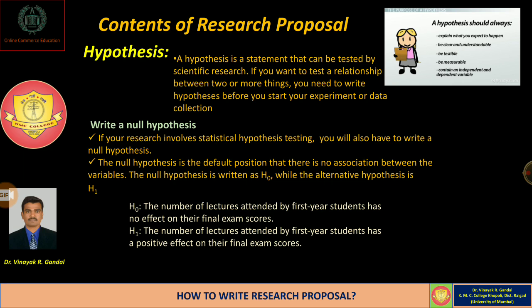Normally, the null hypothesis is a predetermined statement about the fact. Here the researcher is also required to write an alternate hypothesis. If the null hypothesis is rejected, then normally the alternate hypothesis is accepted. So in this case the alternate hypothesis is: the number of lectures attended by first year students has a positive effect on their final exam scores.